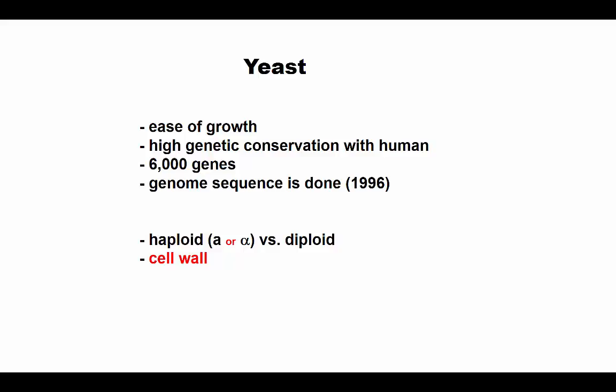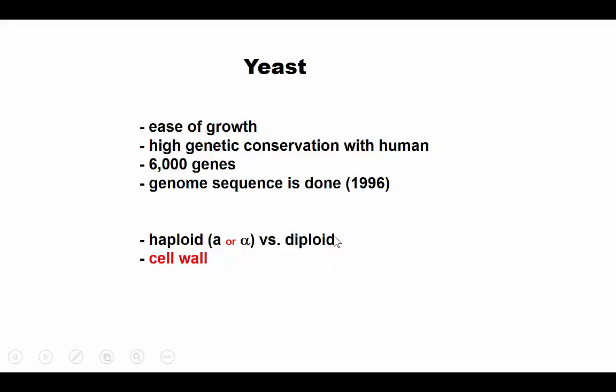And when they mate together, they become diploid. And also interestingly, when they mate, the alpha form mates only with the A form. So that means the A form does not mate with the A form, and the alpha form does not mate with the alpha form. So we can say yeast cells are not homosexual, they are heterosexual organisms. Interesting, isn't it?